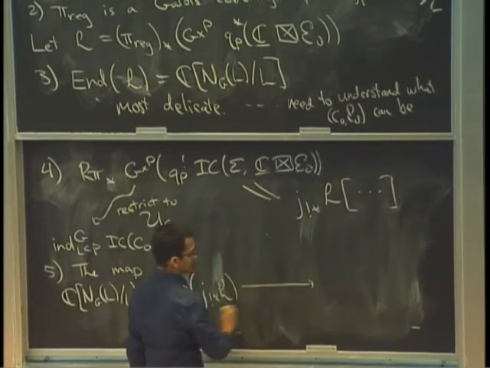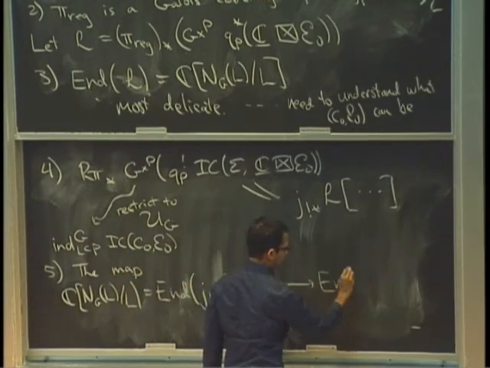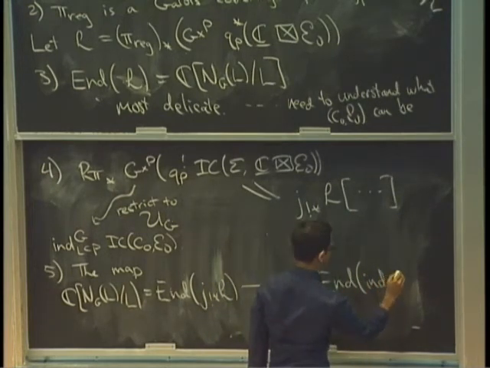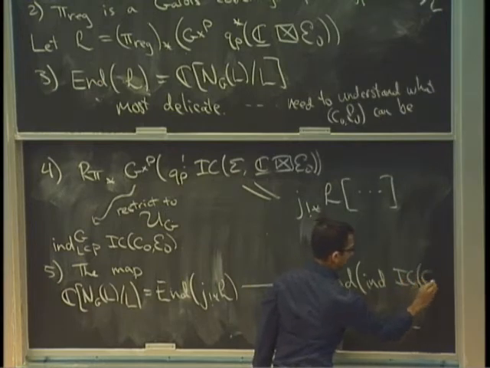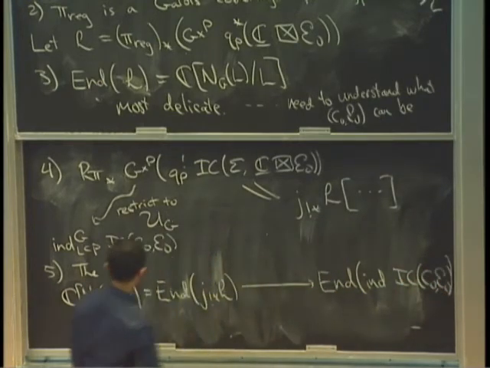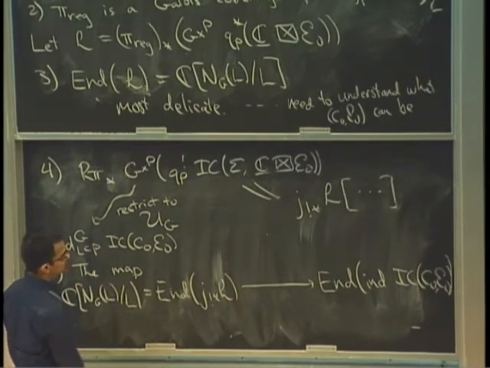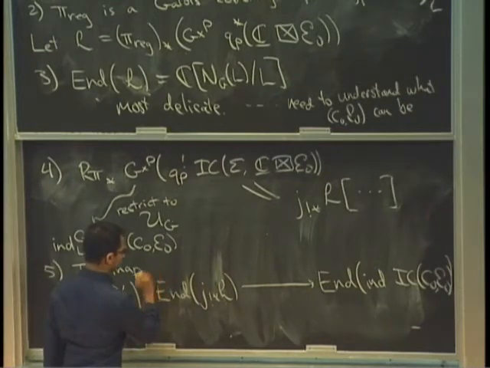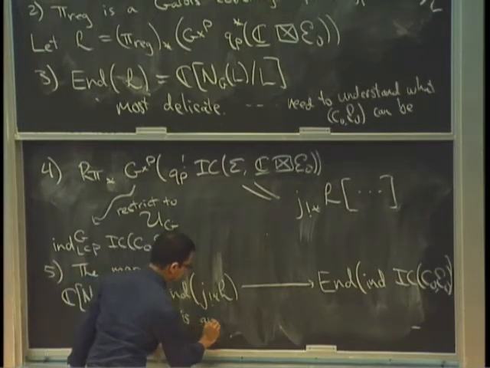And then you restrict to the unipotent variety, and you get a map to the endomorphism ring of this induced object. And this map is an isomorphism.